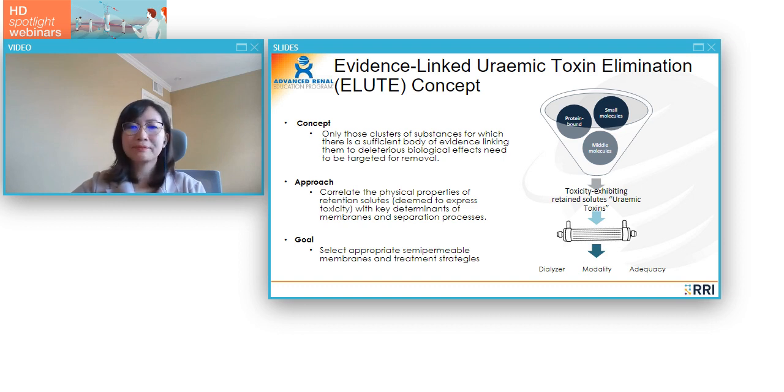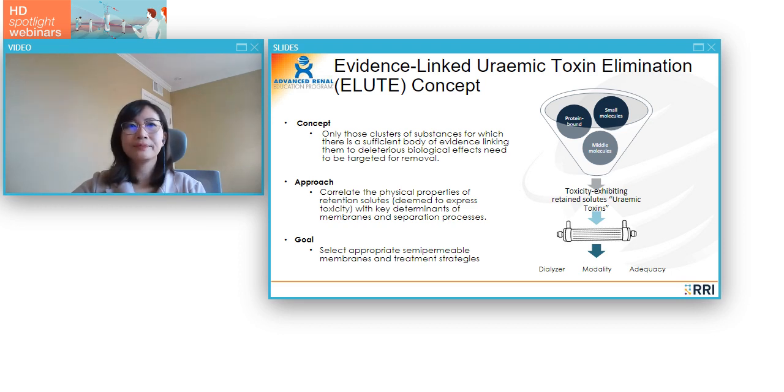Simply speaking, with this concept, we aim to identify appropriate membranes or treatment strategies for those toxins that have been shown to have clinical relevance because of their toxicity. So the first step for us is to find out who are the true toxins, not just a marker.